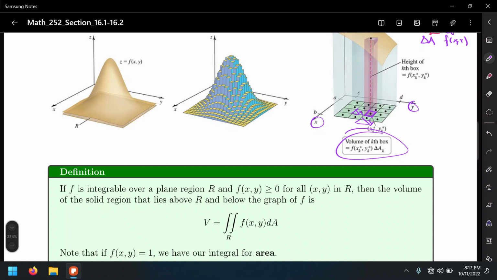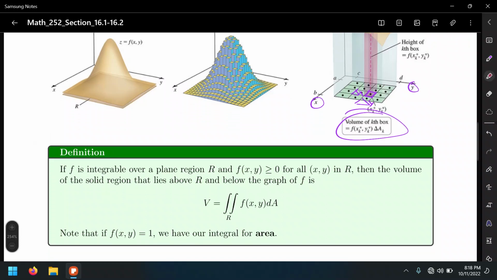It's only the number 1 when we're looking for area. When we have something else, that's already volume. And that's the note here actually. If f of x equals 1, we have our integral for area. Right? Okay, so let's have a look at one example.